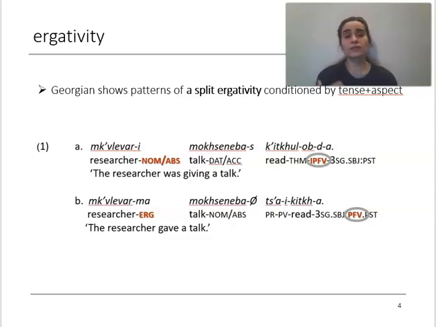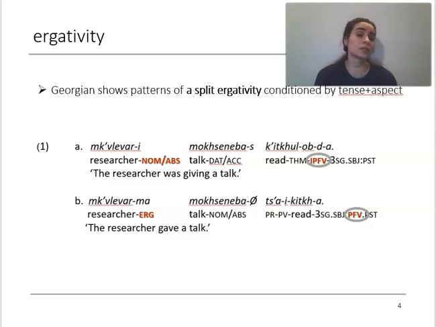The difference from nominative-absolutive languages with ergative marking is that the subjects of perfective past tense intransitive clauses get this ergative marking, which is different from nominative-absolutive languages.